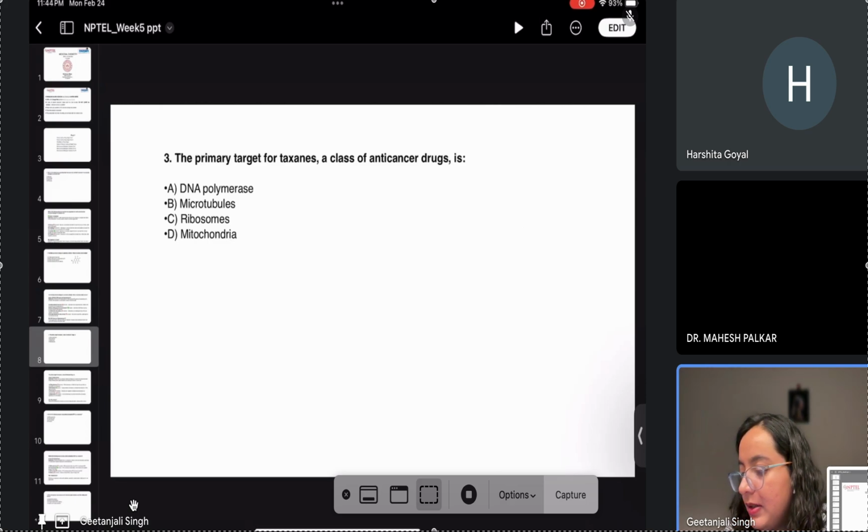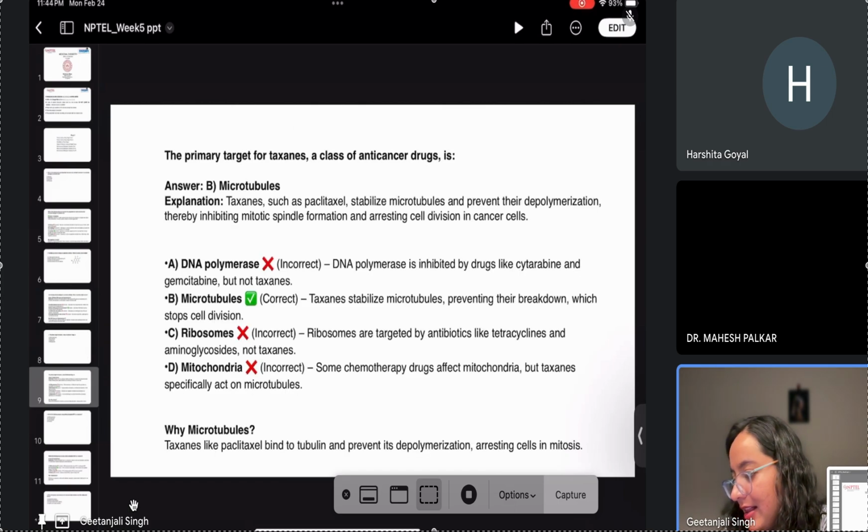So, what should be the answer? The primary target of taxanes. Yeah, it's actually microtubules. So, taxanes are a class of anti-cancer drugs, not antibiotics.